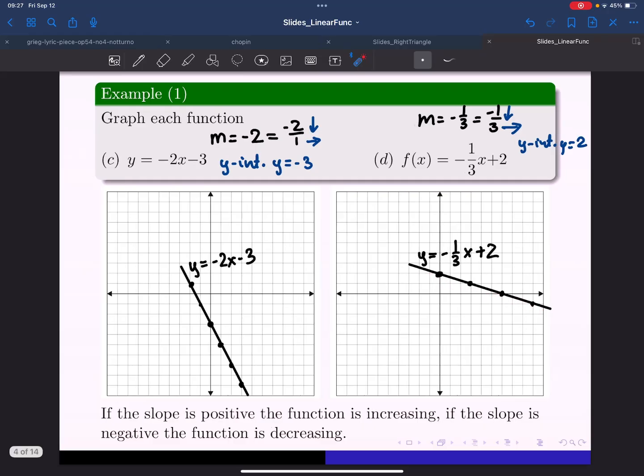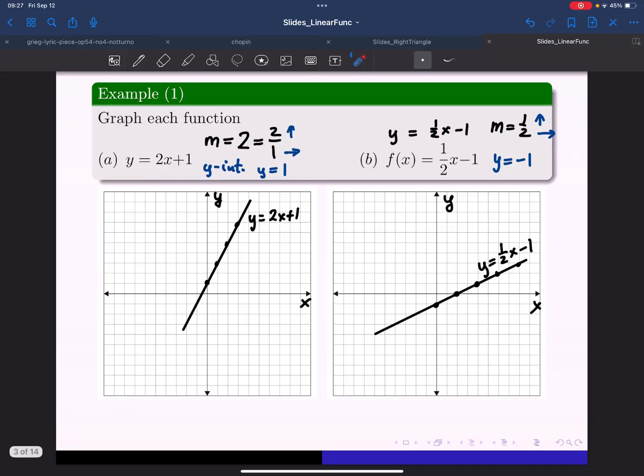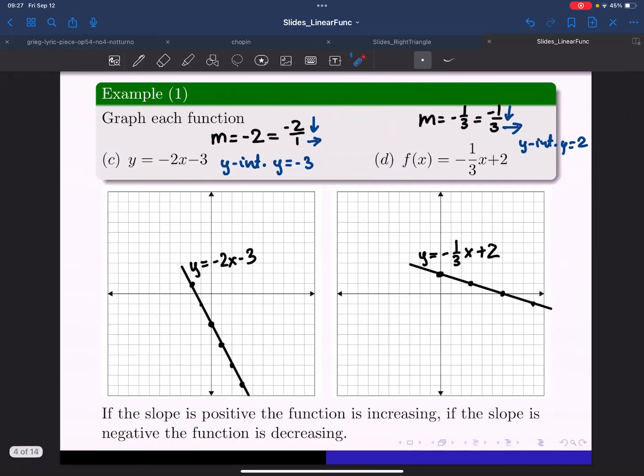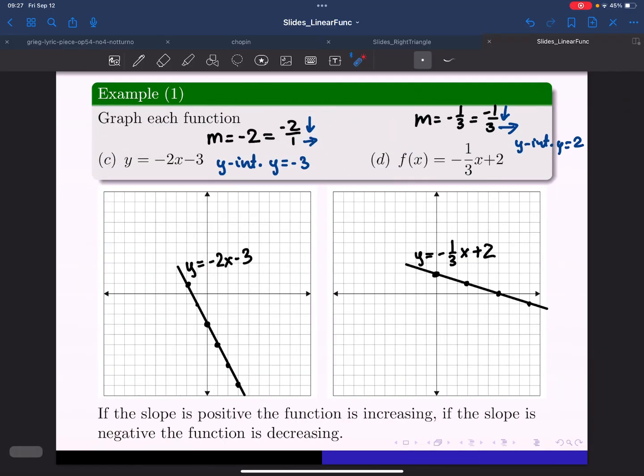If we look at the previous example, slope is positive, we're climbing up the hill, so it's increasing. Here we're going slowly up the hill, so it's increasing. If the slope is positive, the function is increasing. If the slope is negative, the function is decreasing, the linear function.